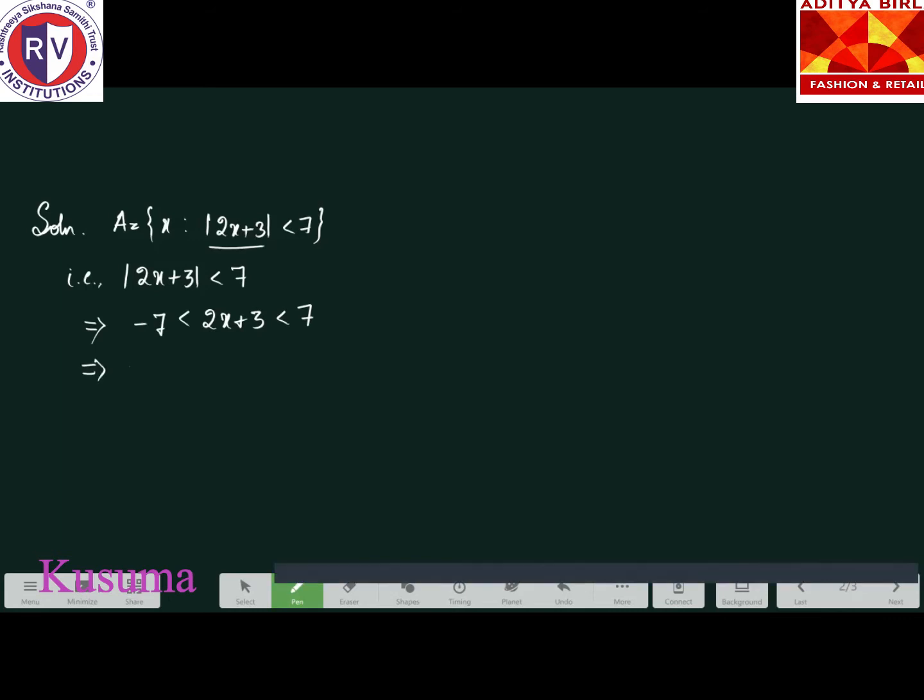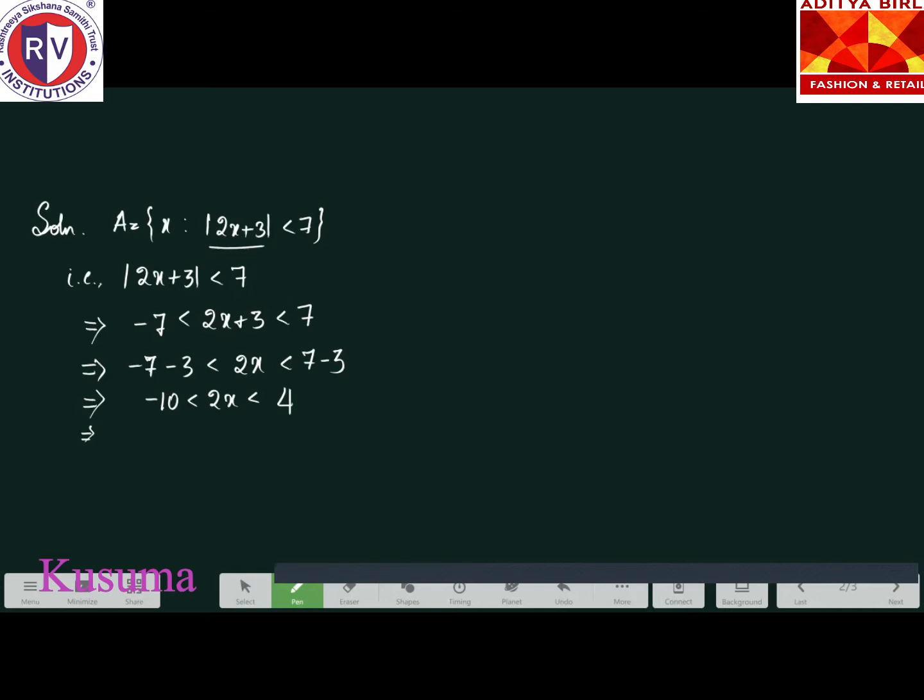That is minus 7 minus 3 less than 2x less than 7 minus 3, because in the term which is at the middle, plus 3 and minus 3 will get cancelled. Now, this will be equal to minus 10 less than 2x less than 4.